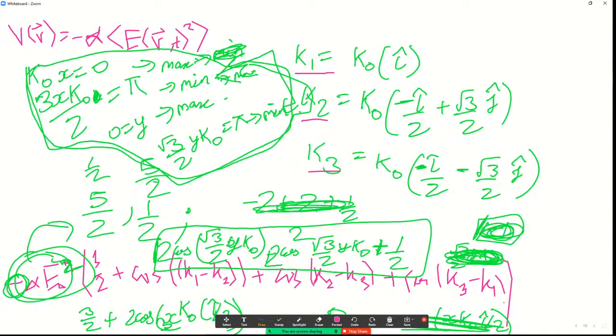Then we can forget about this. So we have to make it a multiple of 2 pi. So 3x k naught over 2 should be a multiple of 2 pi.